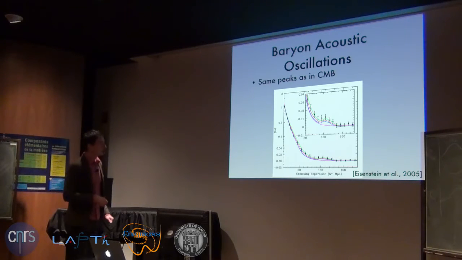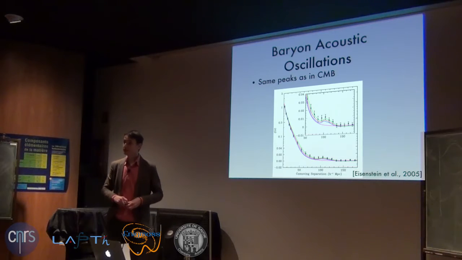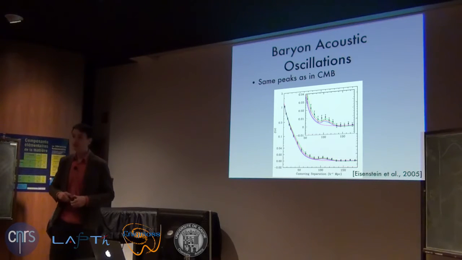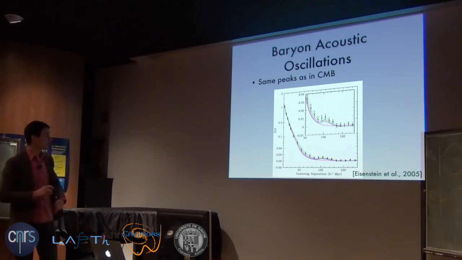It turns out that in the distribution of galaxies on the sky, we can observe this typical scale. And here it's shown as a two-point correlation function as a function of co-moving separation. So this is in real space, not in Fourier space.